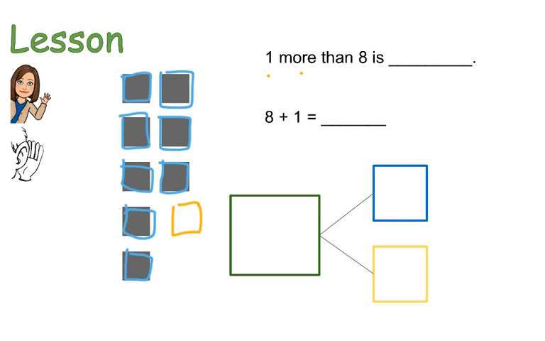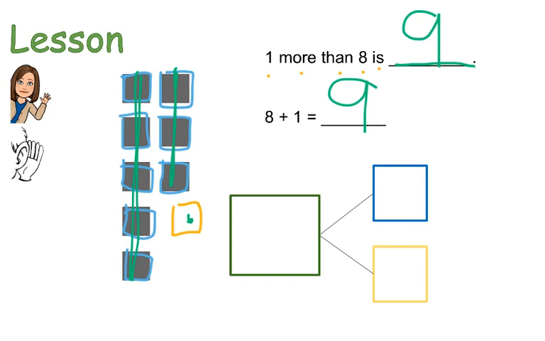So one more than 8. We said there were 8 squares. I traced them in blue. And I added the one more in yellow. And now I have to count the total. So I can go 8, 9. So 8 plus 1 is 9. Now I'm going to fill in my number bond.